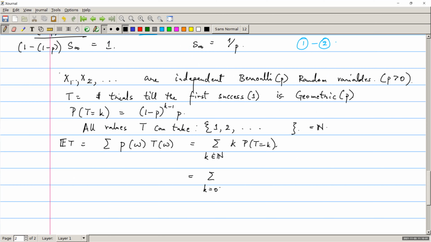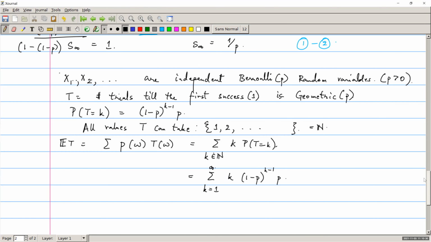This is summing from k equals 1 to infinity, k times the probability t equals k. Can somebody tell me what's the probability t equals k? It's (1 minus p) to the k minus 1 power times p. So this is the probability t equals k.